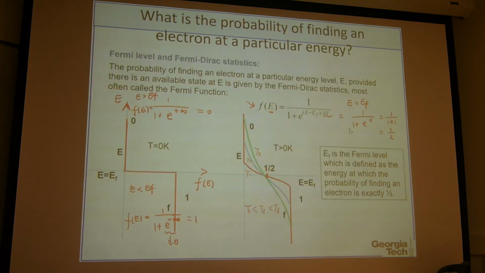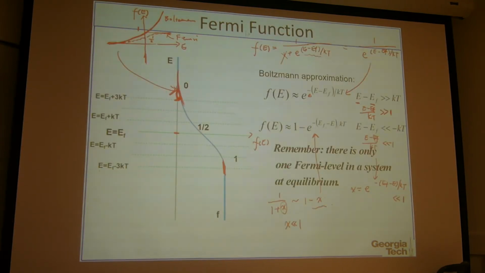So you can use the Boltzmann approximation to describe those tails, either here or here. But if the energy is in the middle, close to EF, you cannot use that approximation, and you have to use the Fermi function to describe the transition region in the middle.